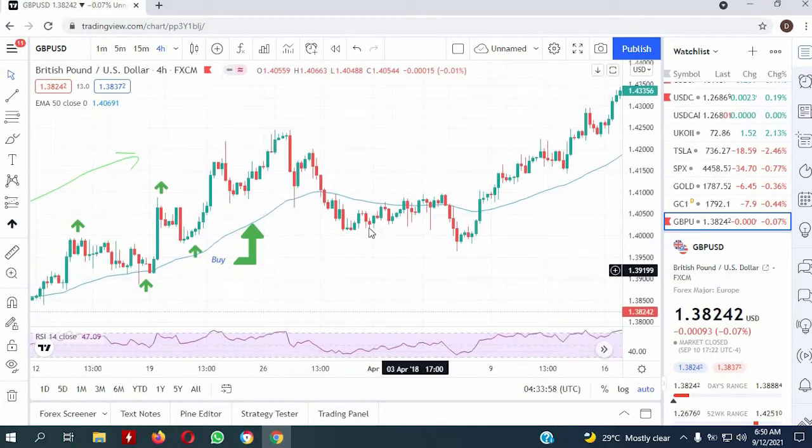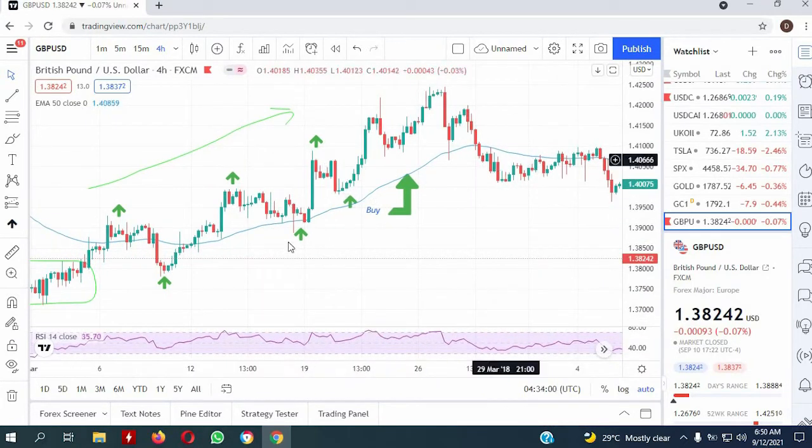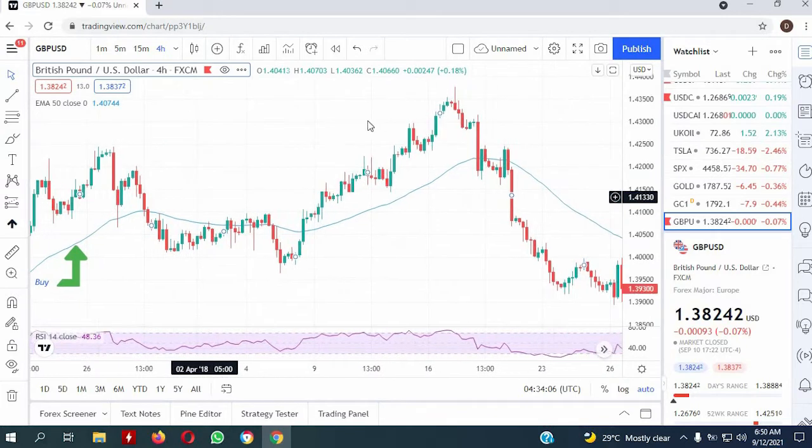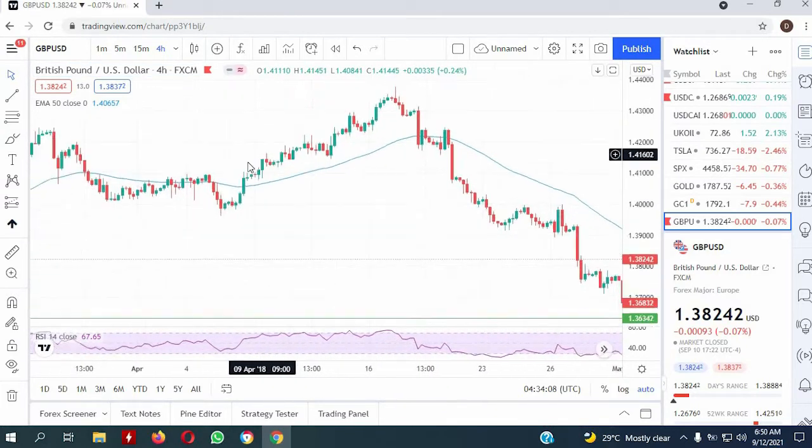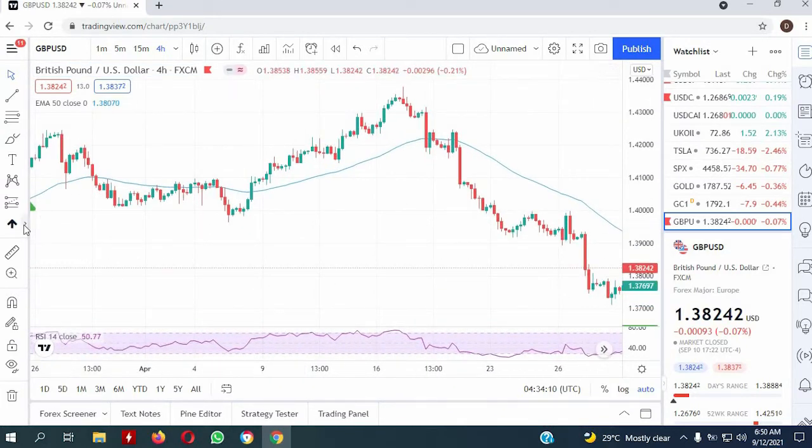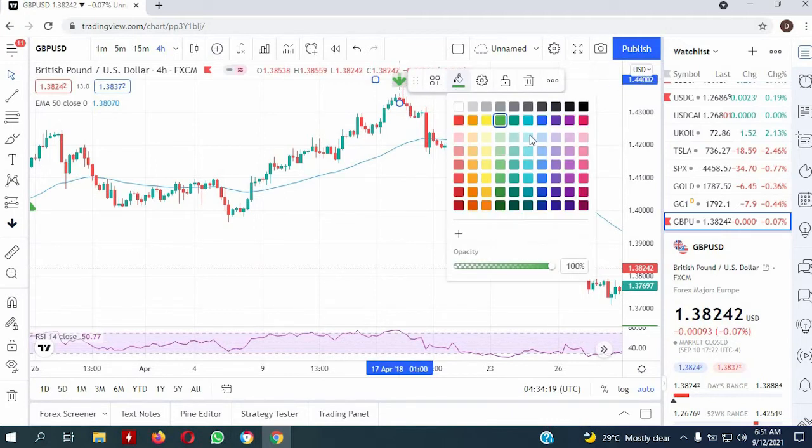The market was in a bull trend, sorry, creating higher highs and higher lows. So the market came into this point right here. Let me just color code them.